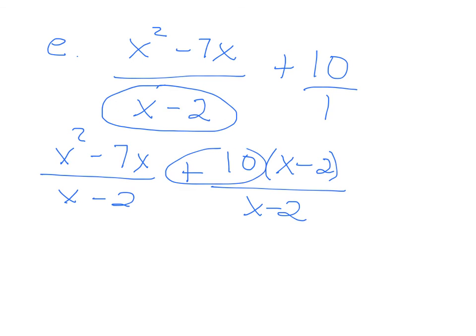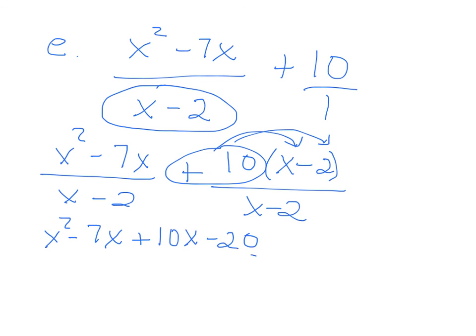So we're going to distribute this entire thing through. So we will get x squared minus 7x plus 10x minus 20 all over x minus 2. I just distributed and put them all in the numerator because you have a common denominator now. So now we're going to combine like terms on the top.